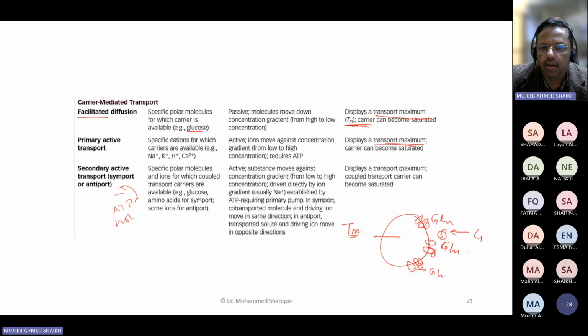Secondary active transport also has a transport maximum because there are specific channels, like the sodium hydrogen channel, sodium calcium channel, sodium glucose channel. If all of them are occupied, then no extra transportation occurs.